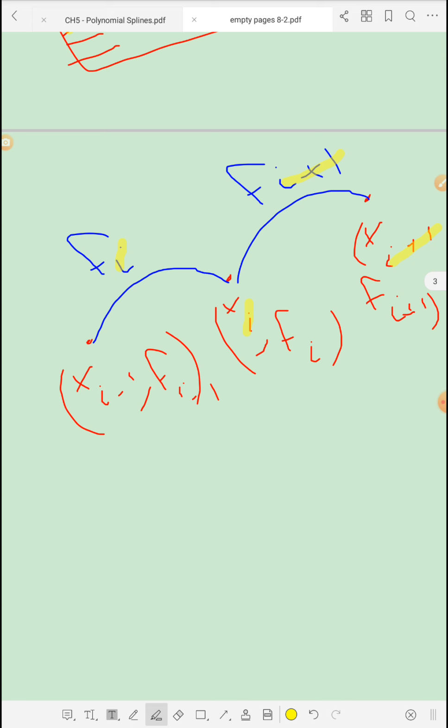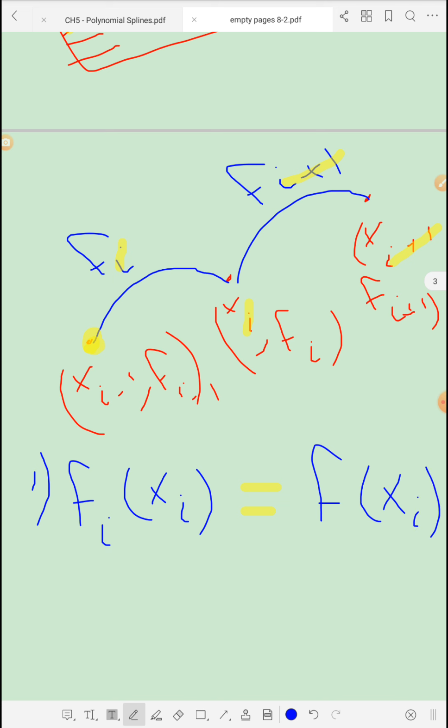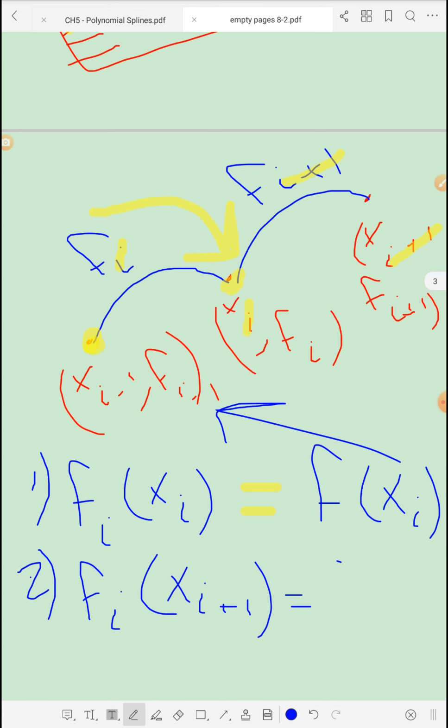So how can we generate the conditions? If we want to find the ith polynomial at xi minus 1, which is the left node, it should be from the data points, which is f of xi minus 1.